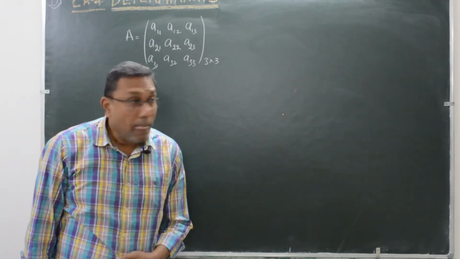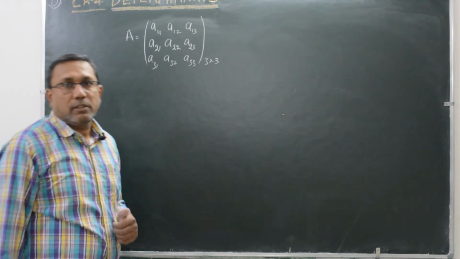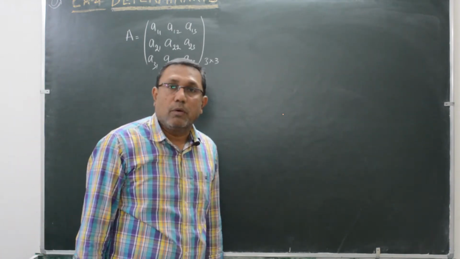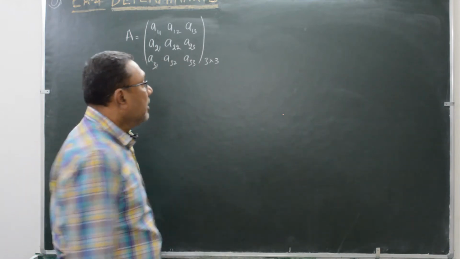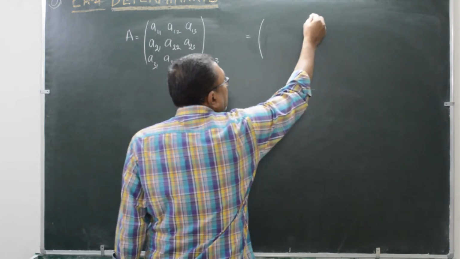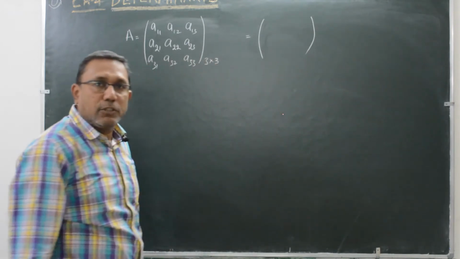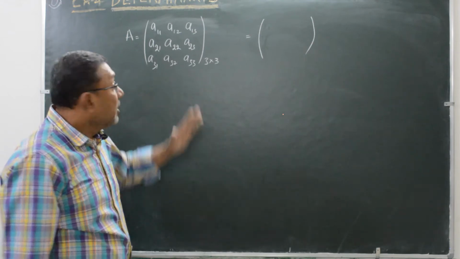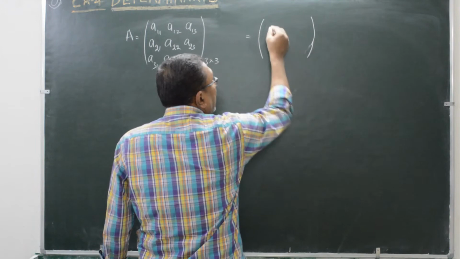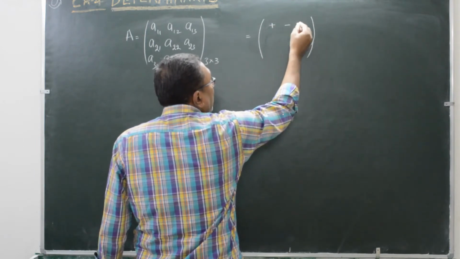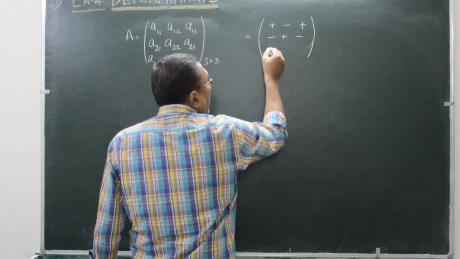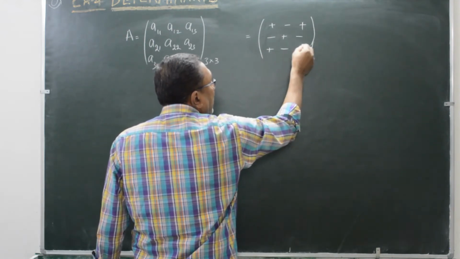Now friends, always remember when we are finding the determinant value for a 3 by 3, there is also a sign associated with each element of this particular 3 by 3 order, which is something like this: plus, minus, plus, minus, plus, minus, plus, minus, plus.